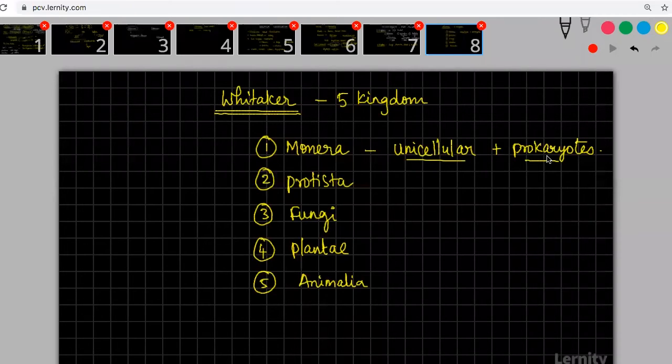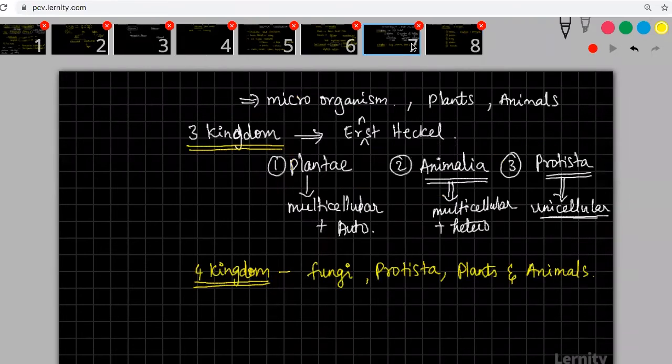Someone is asking me who gave this four kingdom classification. This four kingdom classification was given by a person called Herbert Copeland. So this Herbert Copeland did this thing.